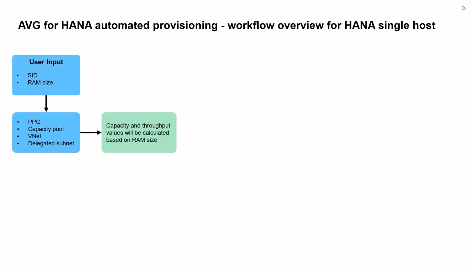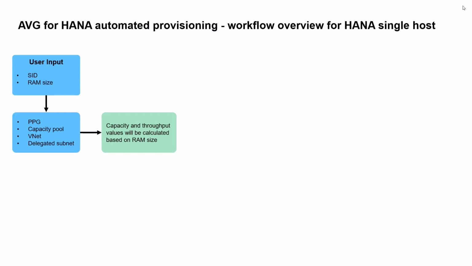This example shows the provisioning workflow for an SAP HANA single host system. First, the user has to provide a couple of input values that describe the HANA system as well as the ANF environment. In addition, the proximity placement group that should be used must be provided. Based on the RAM size of the HANA system, capacity and throughput numbers will be calculated and proposed for the volumes to be provisioned.